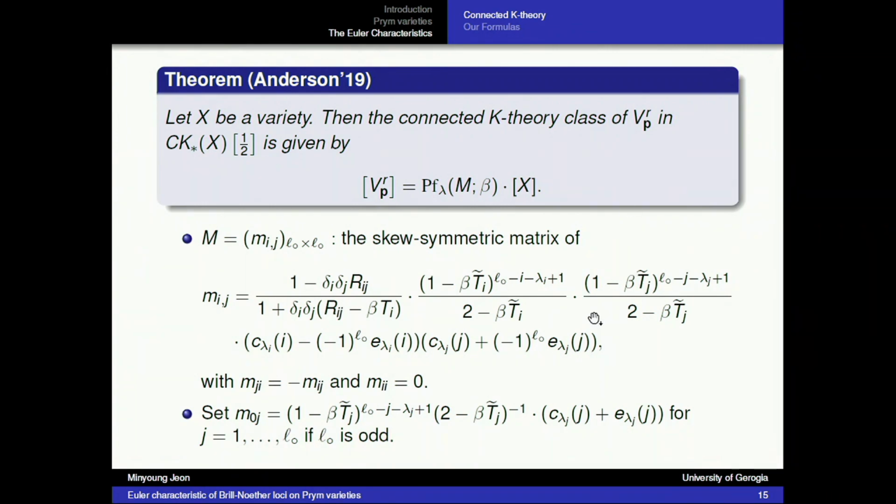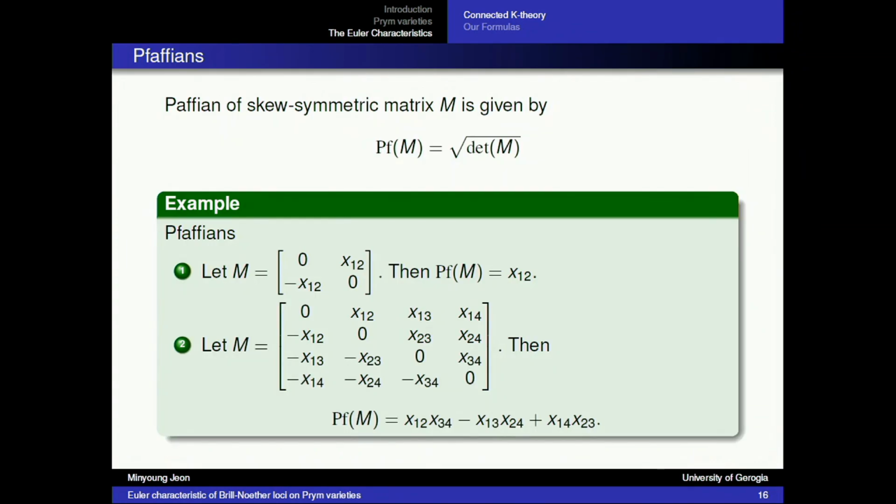It is really complicated, so I'm not going to explain this part. But it involves some Chern classes and the Euler classes. These are all associated to the vector bundle we saw earlier in the slide. And the Pfaffian is just the square root of the determinant of this skew symmetric matrix.